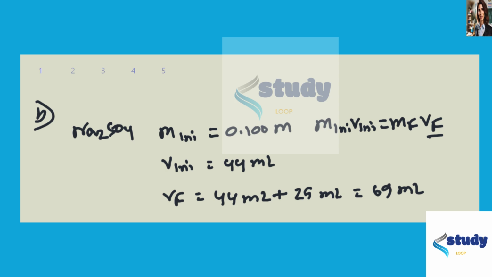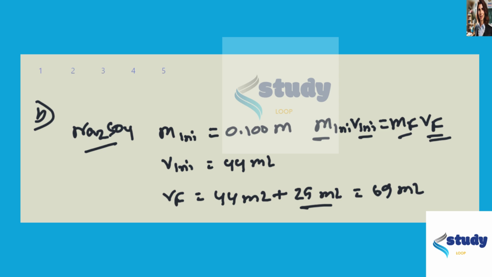Now here we know the M initial, V initial, and we know the V final. We can find the M final, or the final concentration of Na2SO4 after the addition of 25 ml KCl.